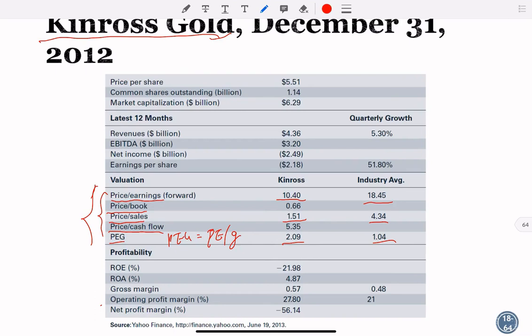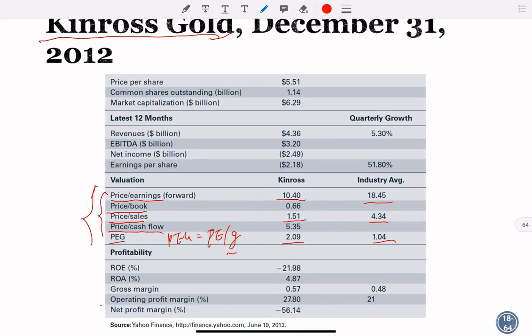Generally, you would want a low PEG ratio, right? Lower the better, because you can see that G is in the denominator. So a low PEG ratio basically means that you're paying less money for a higher growth rate. However, here you can see that its PEG ratio is actually above 2. It's much larger compared with the industry average. So this PEG ratio gives you the idea that, well, maybe this Kinross firm is not undervalued.